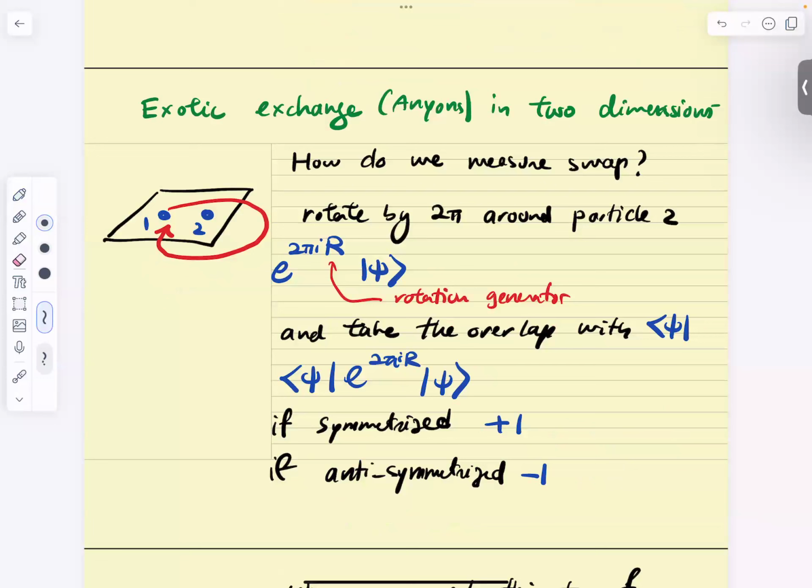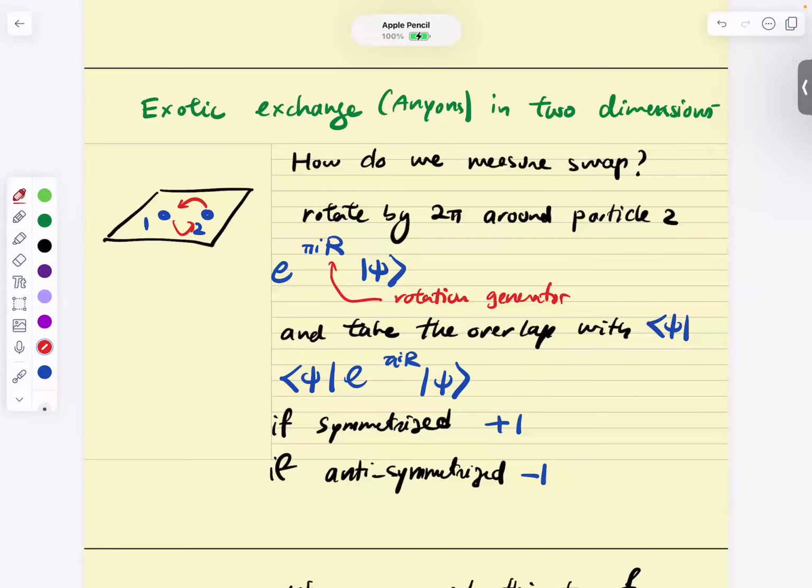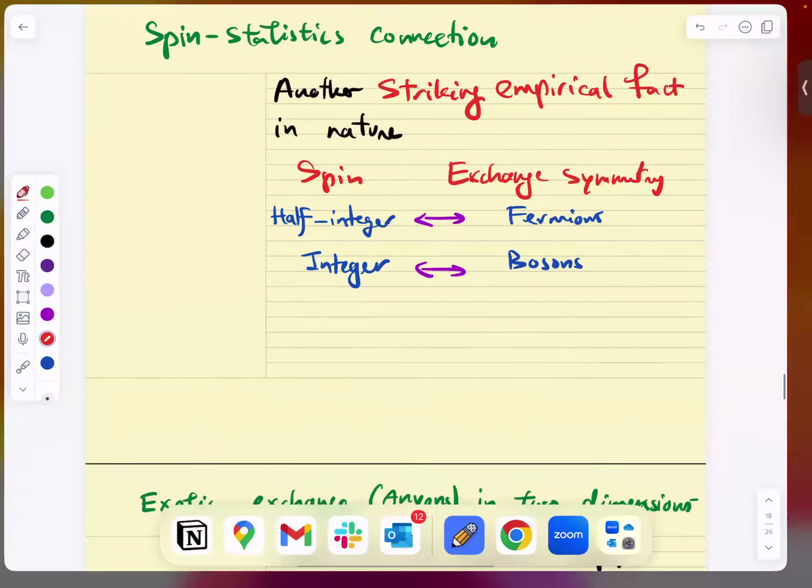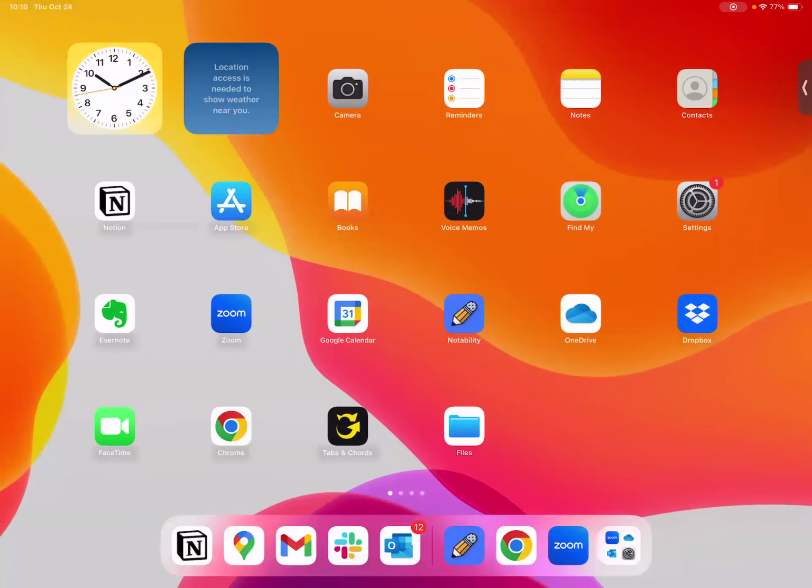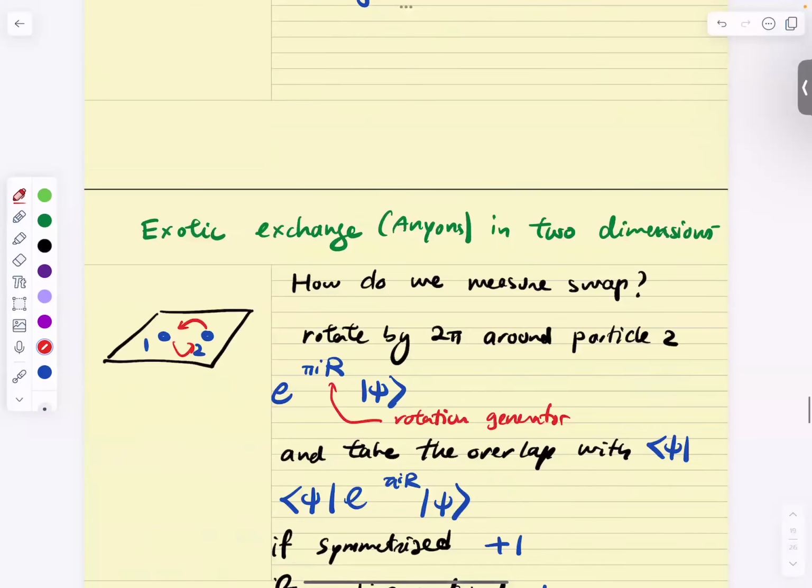So let me do pi. All of these are pi's, and this is like this. These slides could be my QFT slides, but all right. That's how you do it.